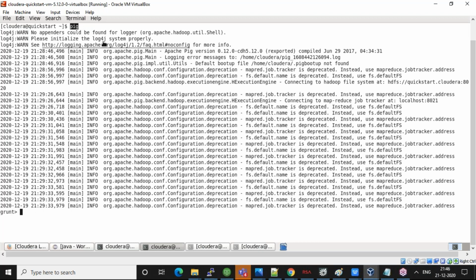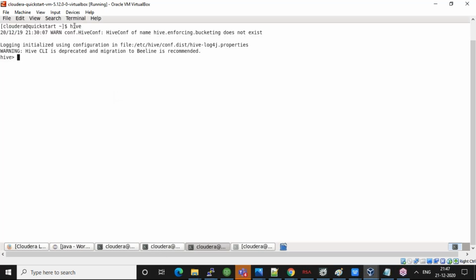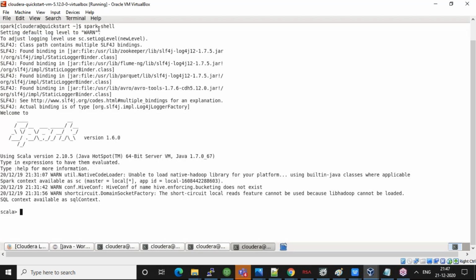If you type pig, it will enter the Pig grunt shell. If you type hive, it will enter Hive. If you type spark-shell, it will enter the Spark shell. You need not install any Hadoop component or ecosystem tool manually. This is called a distribution.